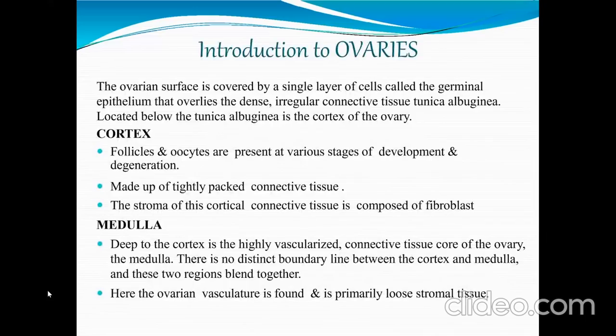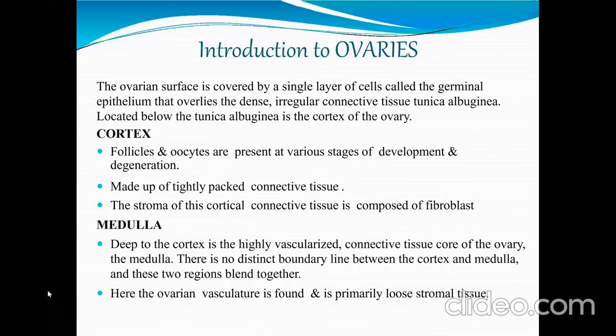Okay, introduction to ovaries. The ovarian surface is covered by a single layer of cells called the germinal epithelium that overlies the dense, irregular connective tissue, the tunica albuginea. Located under the tunica albuginea, we have the cortex of the ovary. The cortex contains follicles and oocytes present at various stages of development and degeneration, made up of tightly packed connective tissue, and the stroma of this cortical connective tissue is composed of fibroblasts.